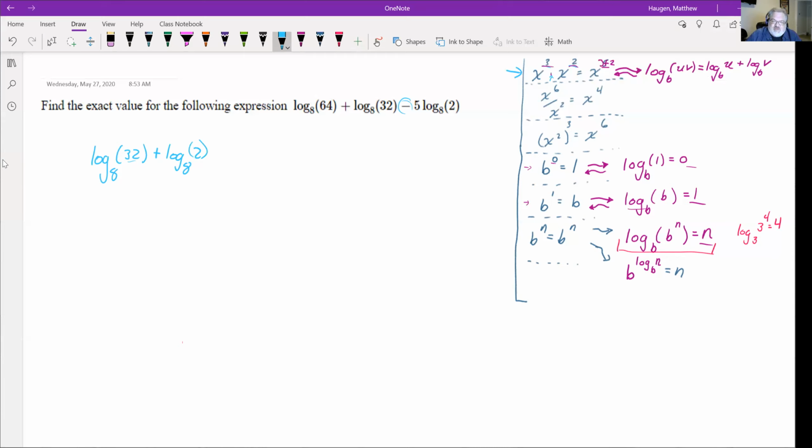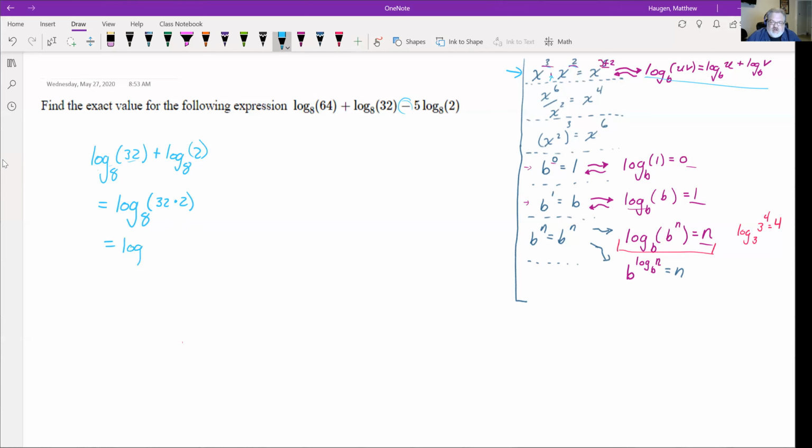But this property says that we can turn that into log base 8 of 32 times 2. This property up here: the log of a product is equal to the sum of the logarithms. So the sum of the logarithms is equal to the log of the product.